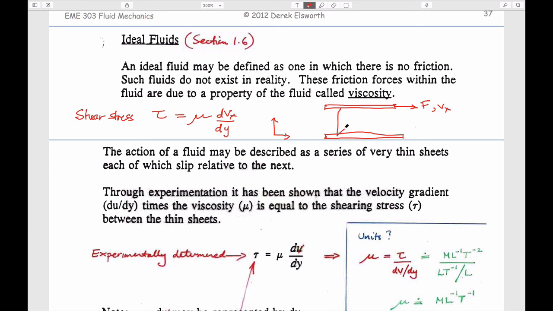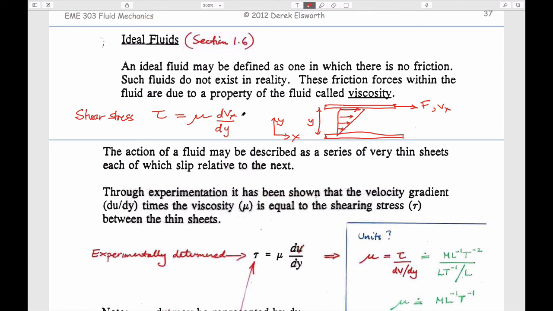If we look at the velocity profile of the fluid which is traveling with this top plate, it will look something like this. This is the x direction. This is the y direction. And if we just look at the separation between these plates as being y, then basically that defines all of the forces that we have, all the components we described here. So this is how the velocity changes as we go in the y direction.